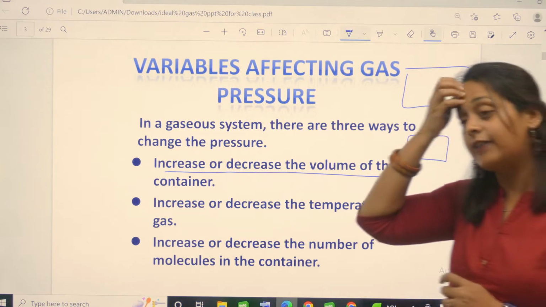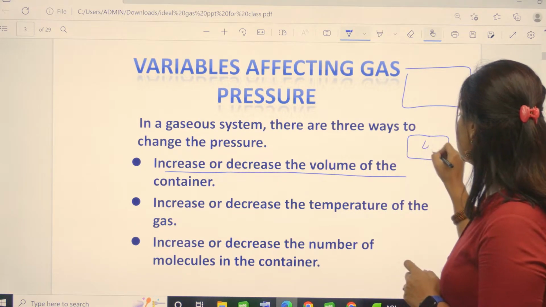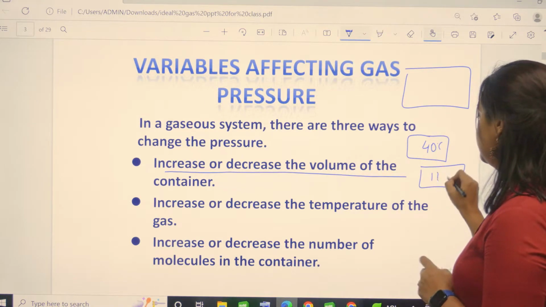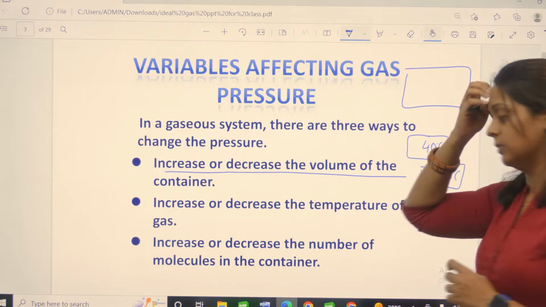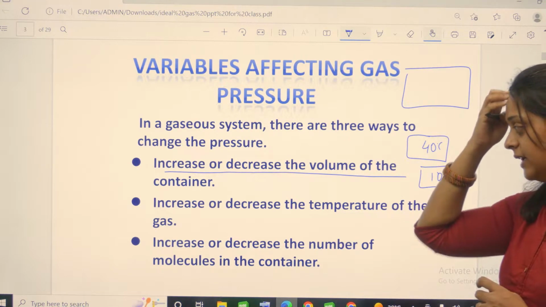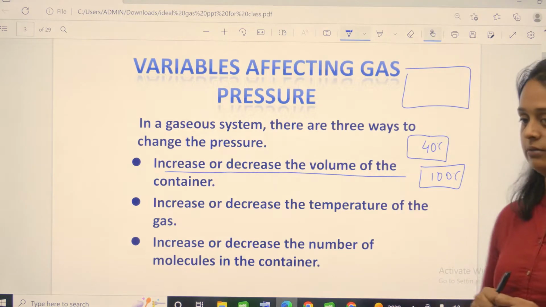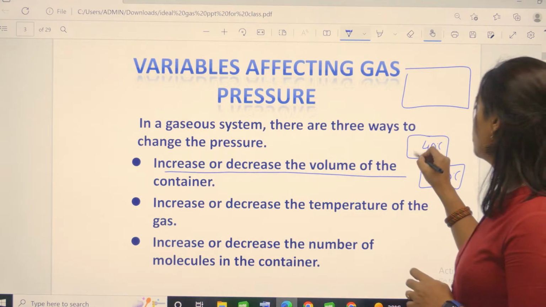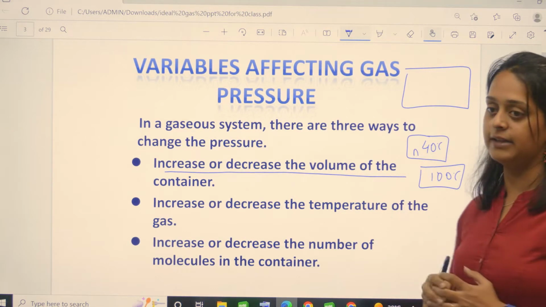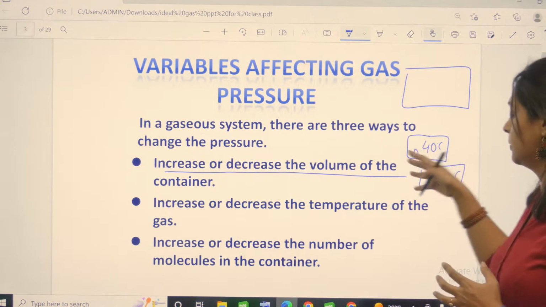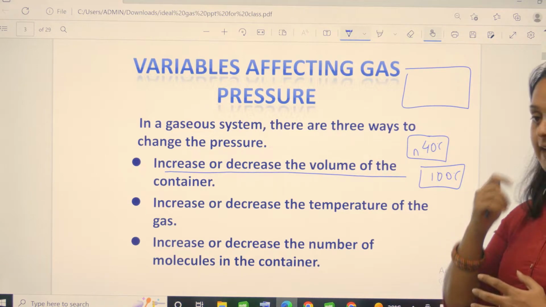Let's say I have a gas at 40 degrees Celsius in the same volume, and a gas at 100 degrees Celsius in the same volume. Then also the gas pressure will differ. And an increase in the number of molecules in the container will also affect the pressure of the gas.